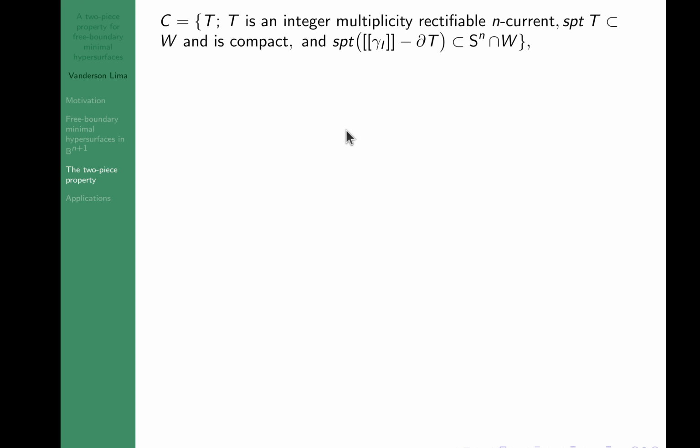To consider this problem in this generality, we actually need to use some results of geometric measure theory. So we are going to minimize on the class of integer multiplicity rectifiable currents. If you don't know what a current is, just think of it as a kind of generalized submanifold which has some controlled singularities.